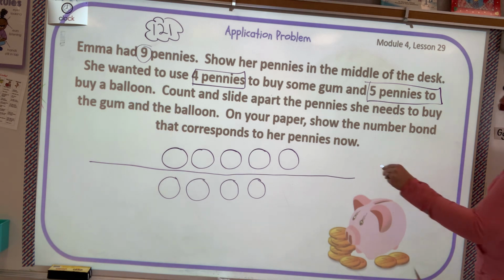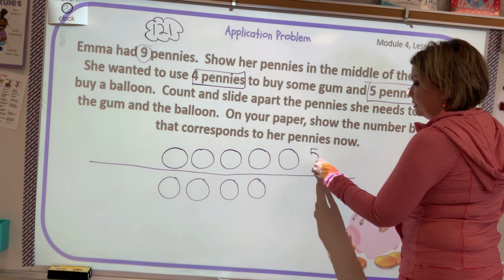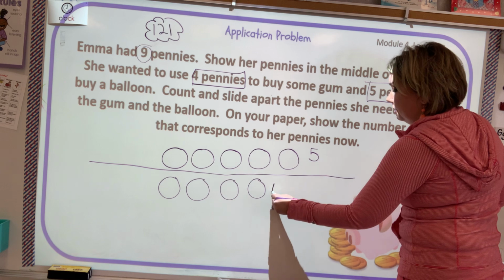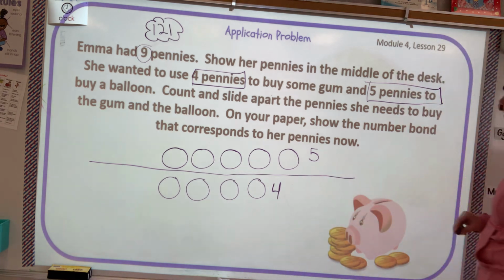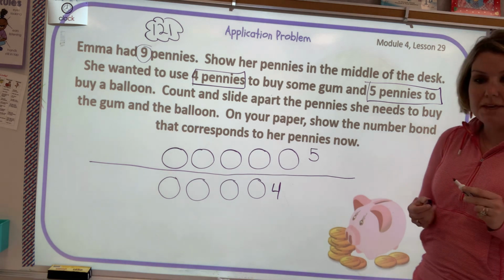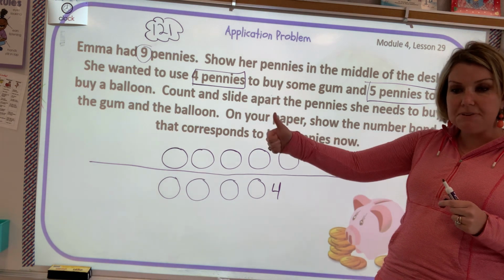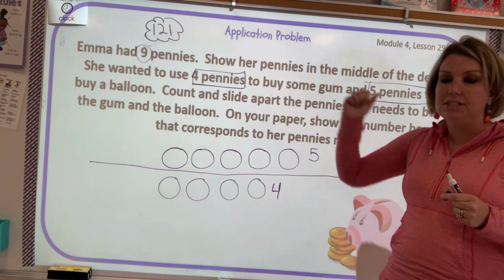I have 5 on top and 4 below. Does she have enough to buy both the gum and the balloon? Thumbs up if she does, thumbs down if she doesn't.